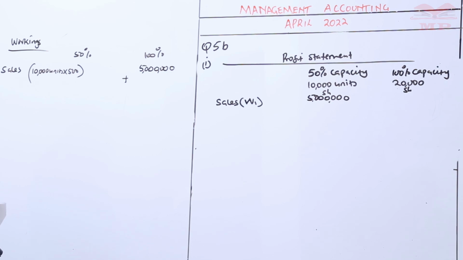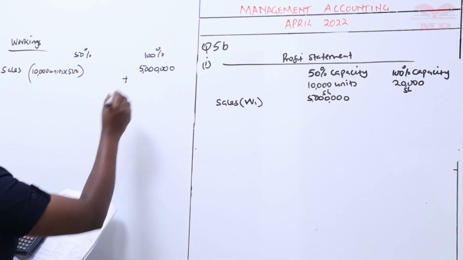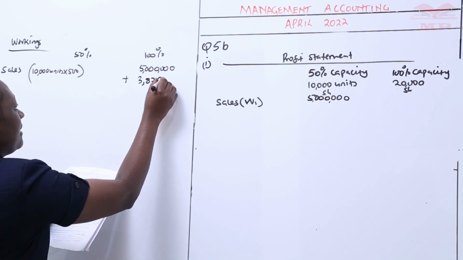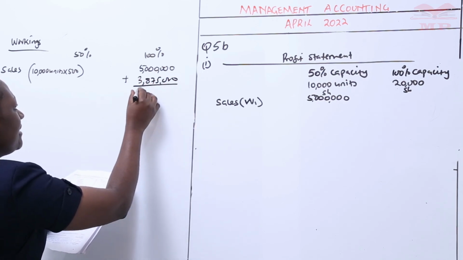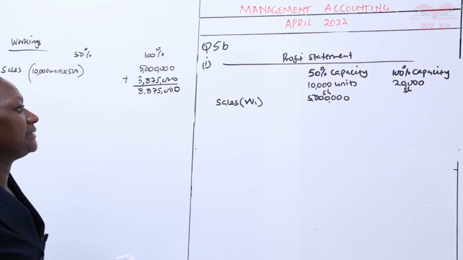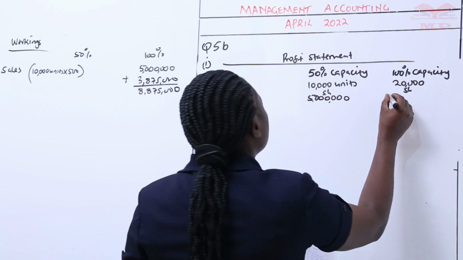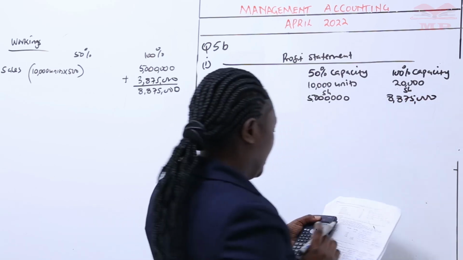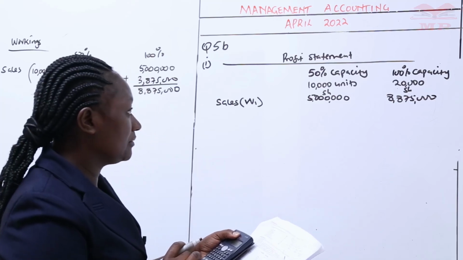We are told that the selling price will be 387.5, which will give us 3,875,000. So when we add this, we will have 8,875,000 sales. And then what is the variance?